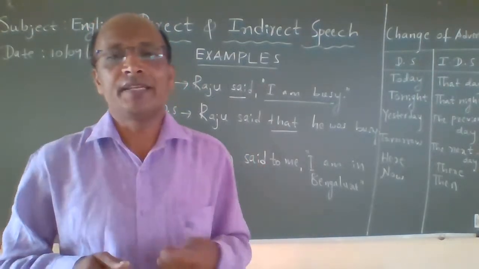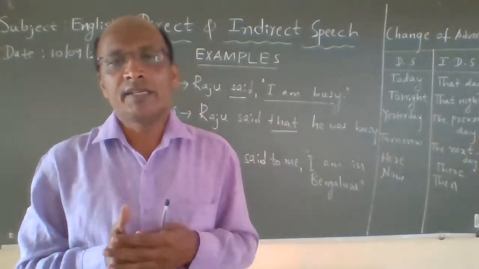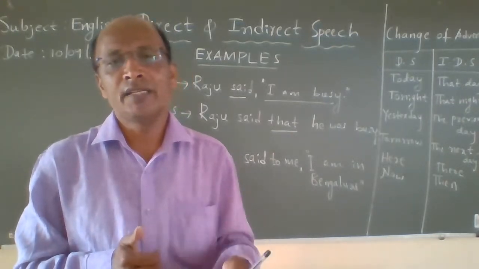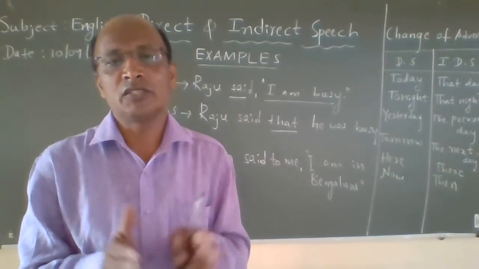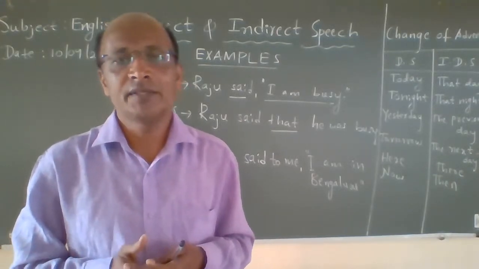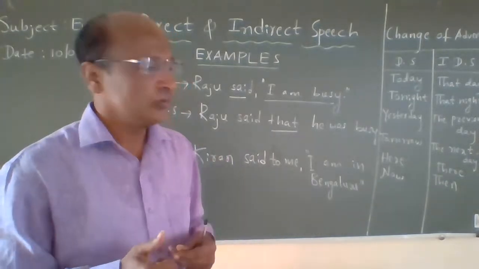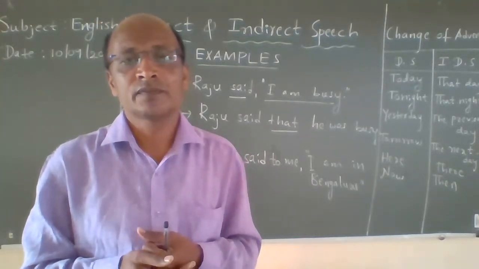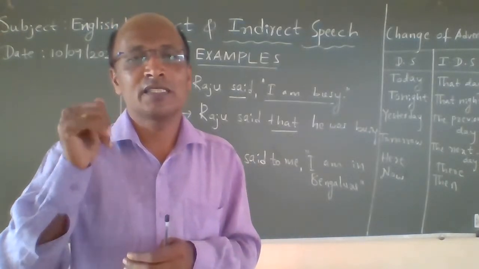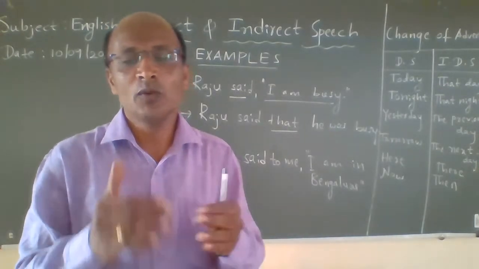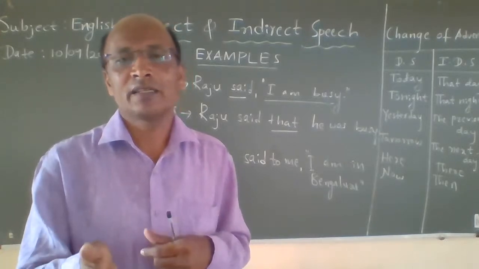And yesterday? In direct speech, we find yesterday. While changing direct speech into indirect speech, yesterday is changed to the previous day, right? When it comes to tomorrow, tomorrow is changed to the next day, not yesterday or previous day.